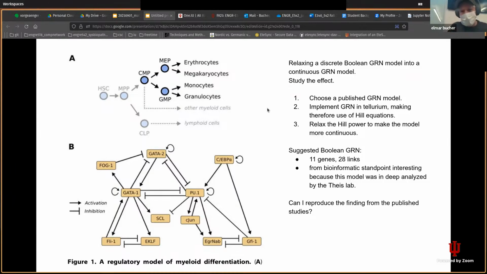And then I would take it's a gene regulatory network, so we have kind of like step functions. So then we would relax the step function and go more towards a not Boolean gene regulated, but more like a model regulated with different expression levels, and see how this will change our results.